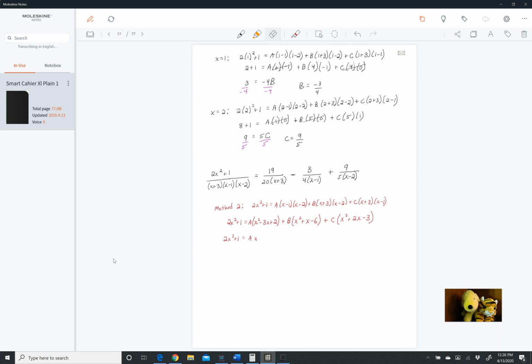So we have ax squared minus 3ax. So notice I put the 3 first. There's not any specific reason for that other than it looks nicer. Plus 2a. Then we distribute the b. So we have bx squared plus bx minus 6b.